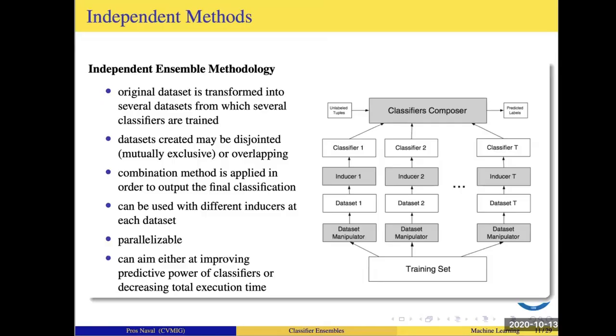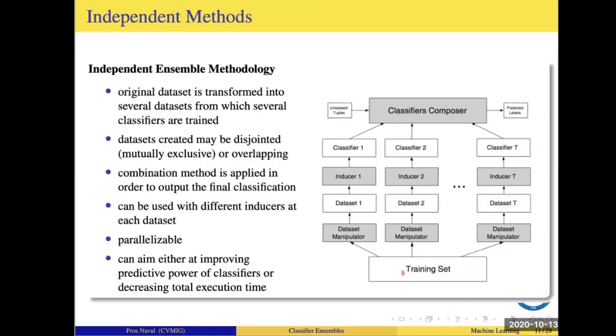Now let's take a look at the independent ensemble methodology this time. So the diagram on the right captures the idea of the independent ensemble methodology. In this methodology, we have the original data set that is transformed into several data sets from which several classifiers are trained.